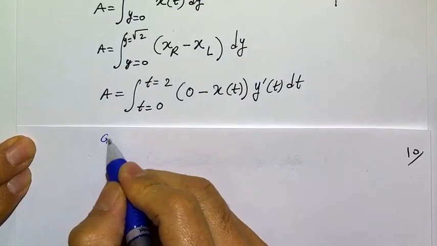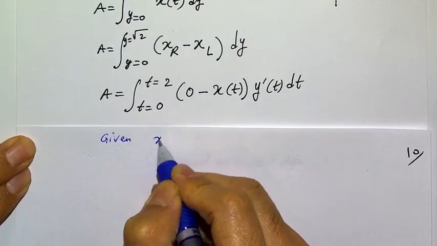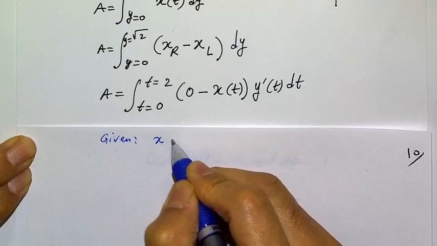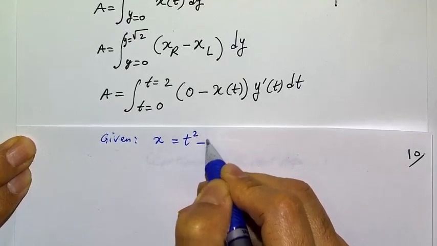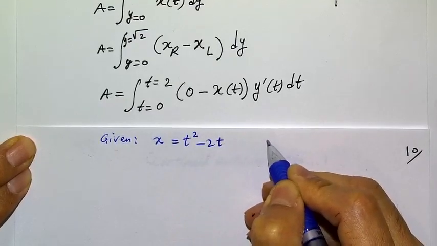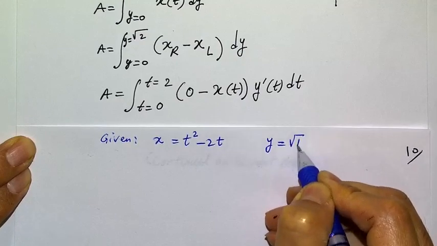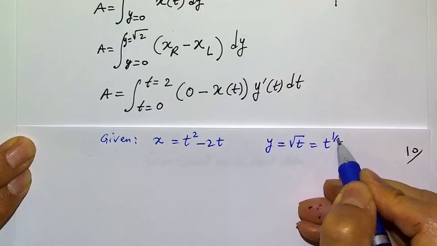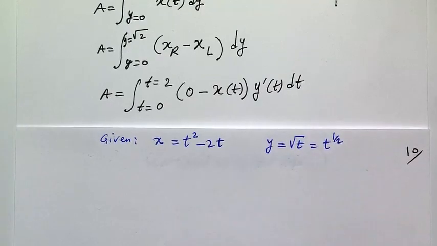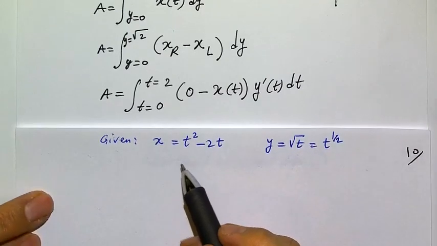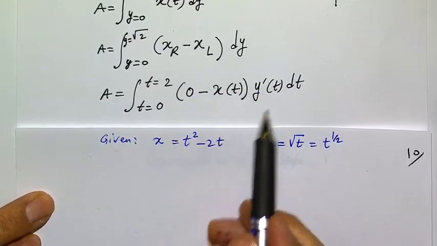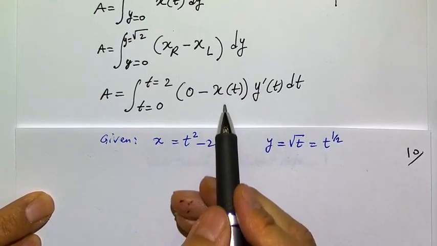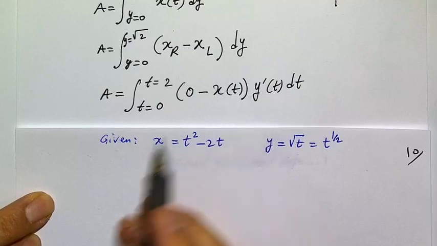Given x equals t squared minus 2t and y equals the square root of t, or basically t to the 1/2 power, we're going to plug in here. Use these notations as our guide.